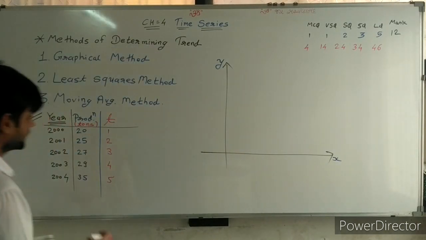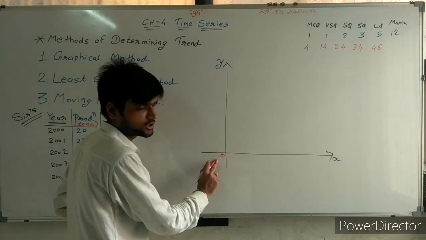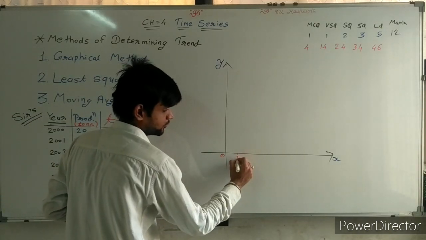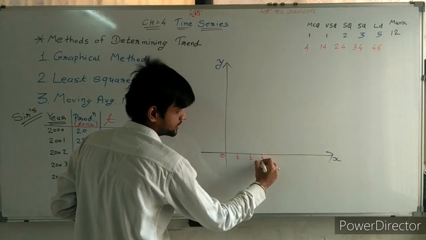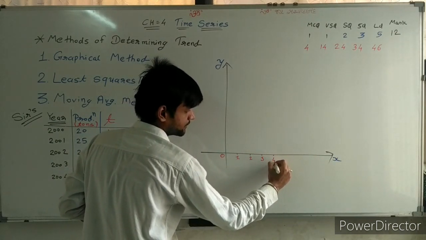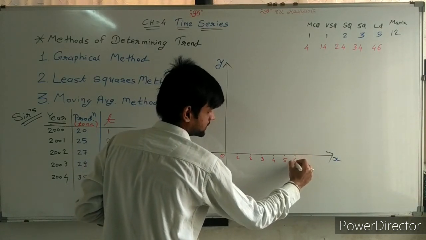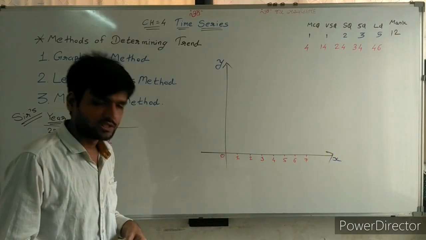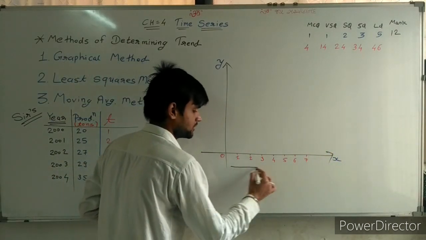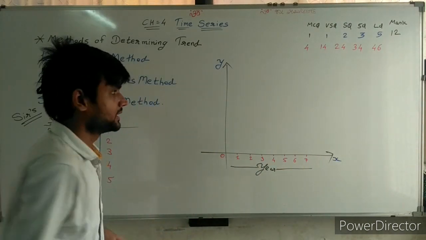Now, writing time, suppose starting from 0: 1, 2, 3, 4, 5, 6, 7, whatever is there. Here information is given, so on the y-axis, production.